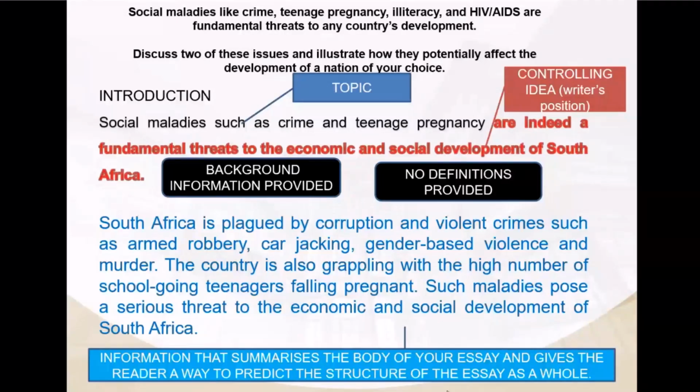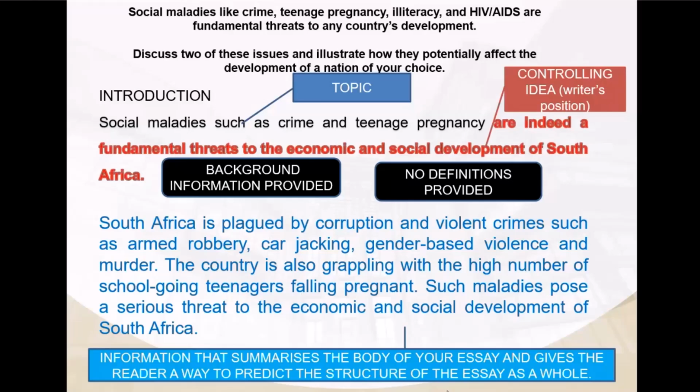But let's read the opening sentence. Is this opening sentence a thesis statement? Yes, it is. How so? It has two things: one, the topic, and two, the writer's position on the topic. It says social maladies such as crime and teenage pregnancy. That is the topic. So social maladies such as crime and teenage pregnancy are indeed a fundamental threat to the economic and the social development of South Africa.